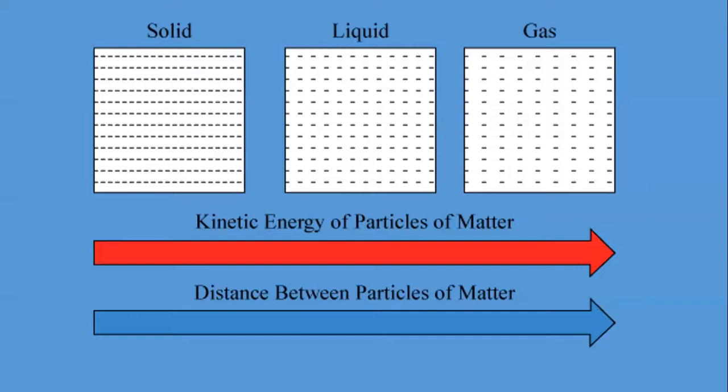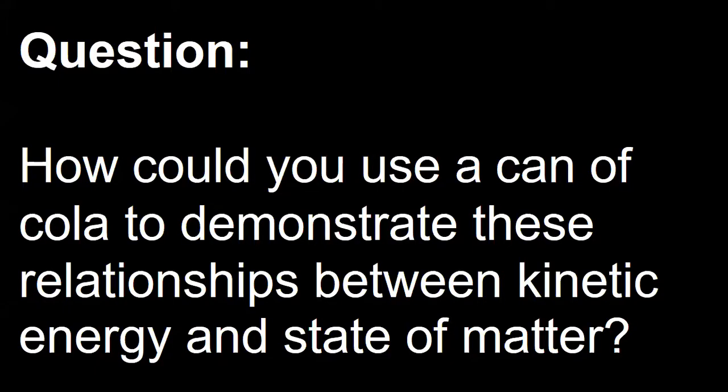So as kinetic energy increases, the distance between particles increases, which can be seen graphically as the solid, liquid, and gas particles move further and further away with the increase in kinetic energy. So here's a thought question for you. How could you use a can of cola to demonstrate these relationships between kinetic energy and state of matter?